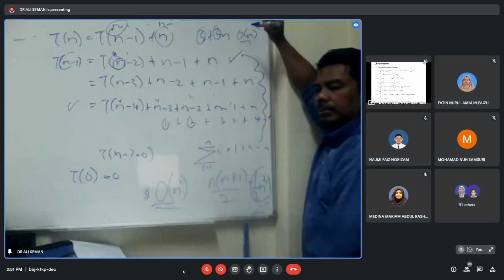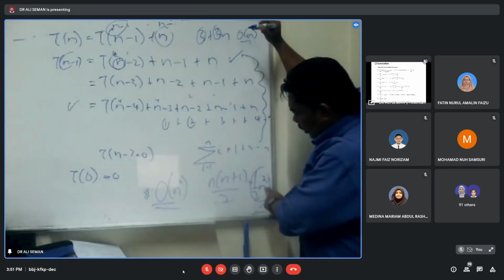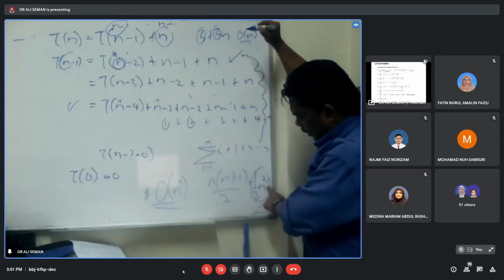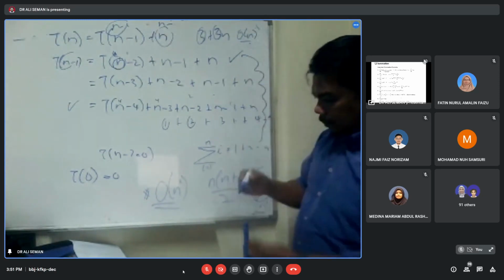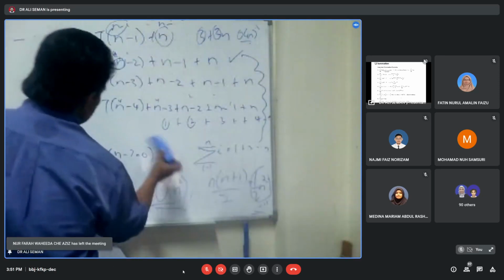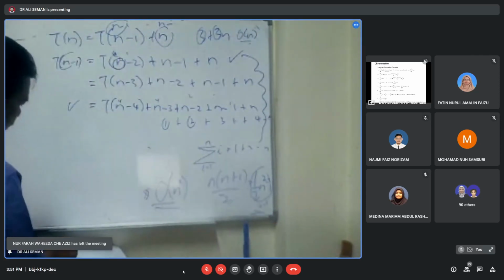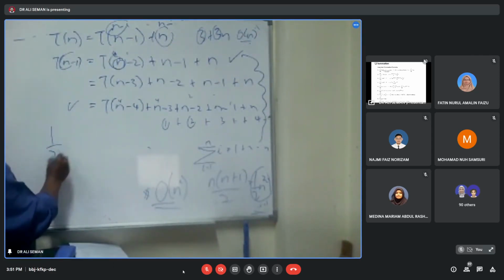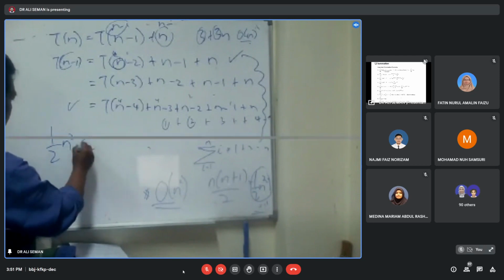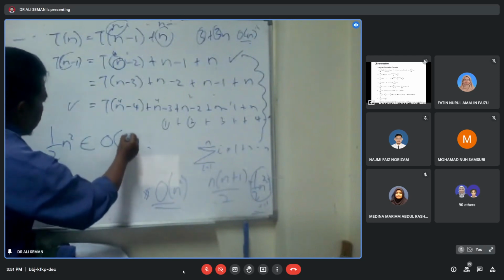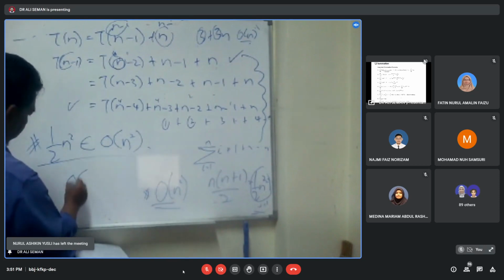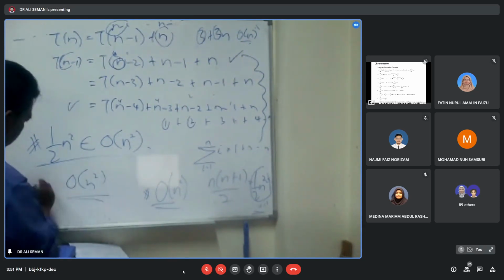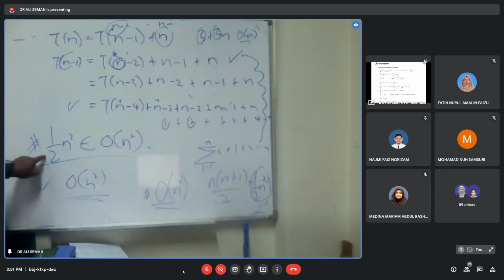Ni half always half. But our variable is only the n input size. So we can put as n squared. Ataupun kalau yang paling tepat kita tulis macam ni jawapan dia: half n squared element of O n squared. This is the best answer. Or only you can put n squared also. Pun okey, boleh. Ini jawapan paling tepat.